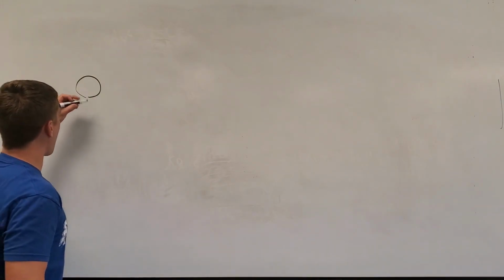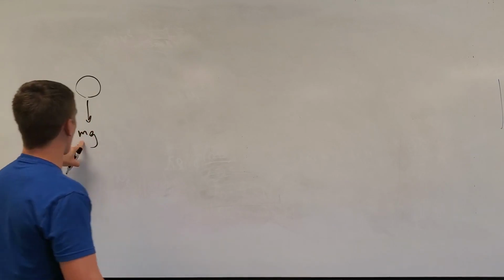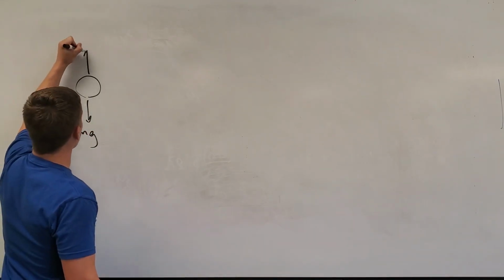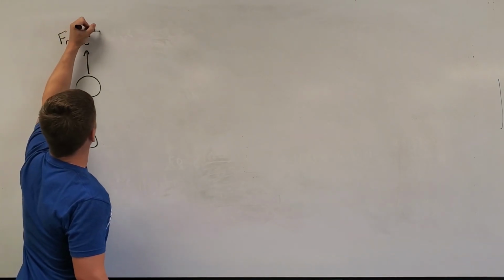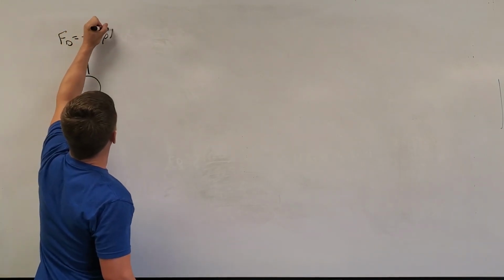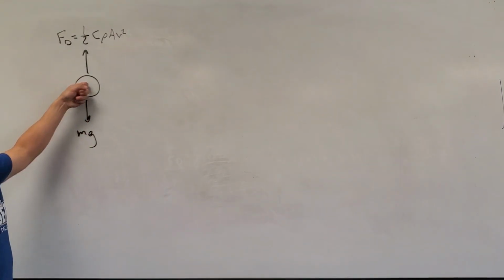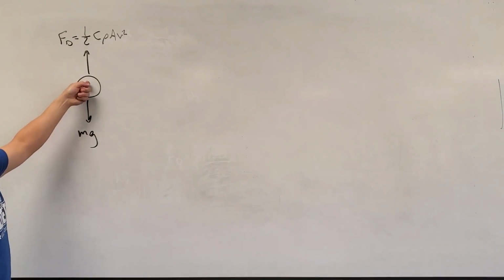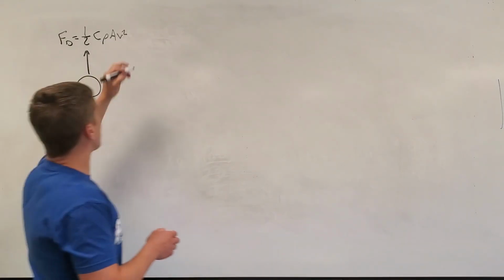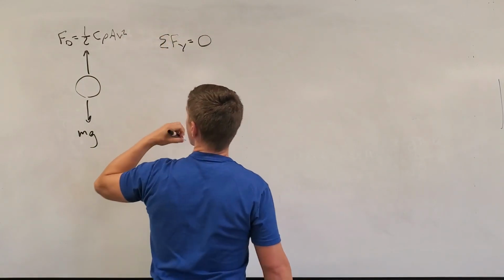So we can say that happens when the weight of our body, which is our mass times gravity, is equal to our drag force, which is 1/2 coefficient of drag rho A v squared. If we're falling at a constant velocity, that means acceleration is equal to 0. If acceleration is equal to 0, then the sum of our forces in the y direction must be equal to 0.